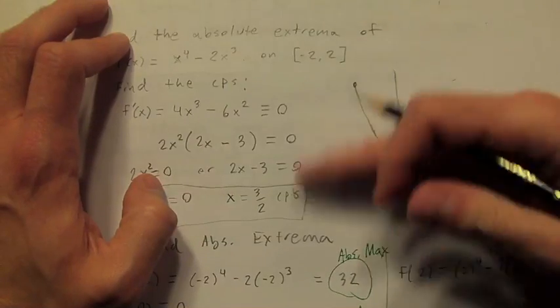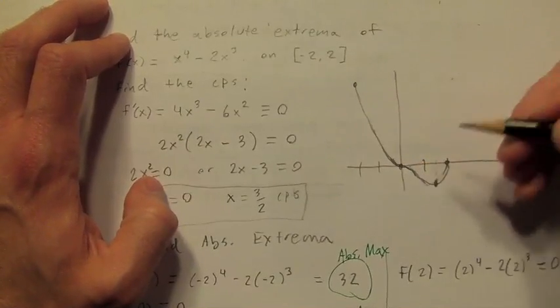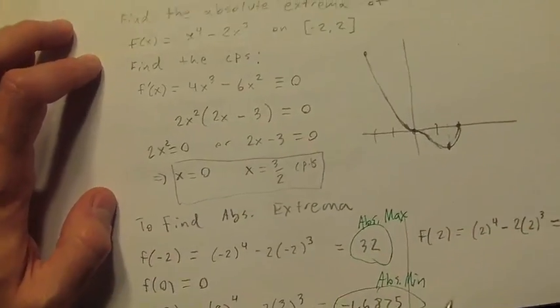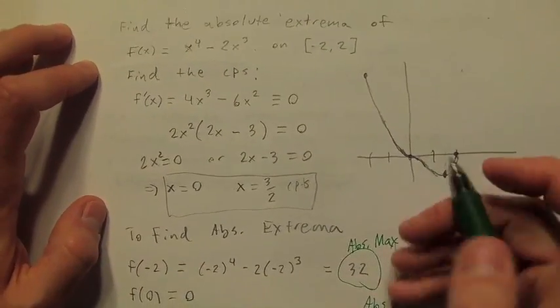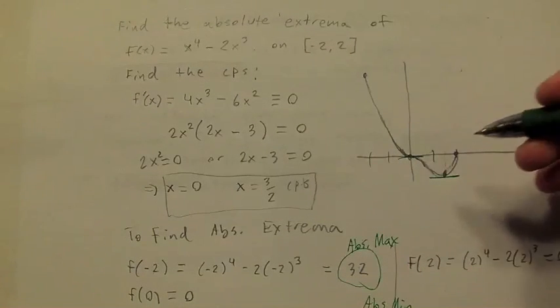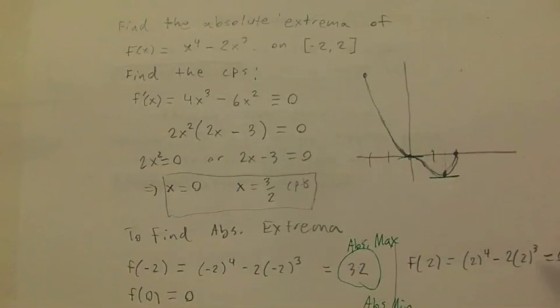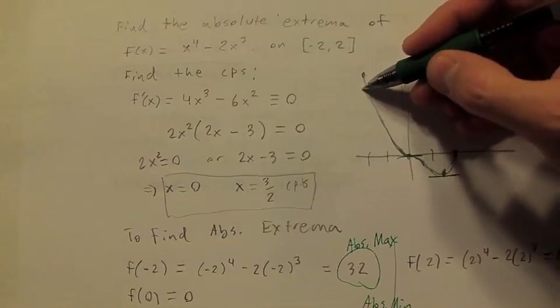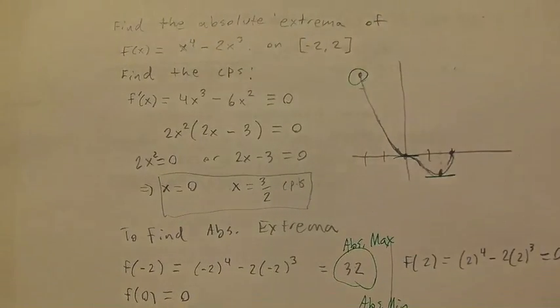This is totally not drawn to scale at all, but this is kind of the idea of what it looks like. We actually have a leveling off point here at 0, and a global min here at 3/2, and we've got 0 at this endpoint and the global max here at -2.